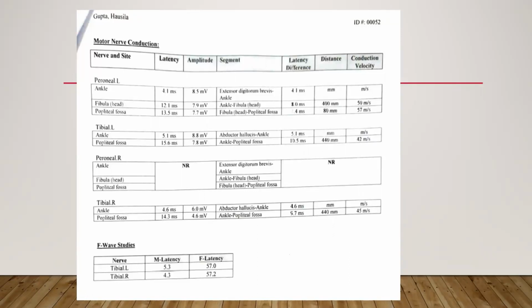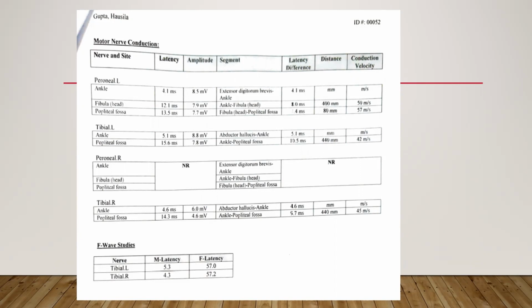Conduction velocities are also normal for the peroneal nerve. Tibial on the left side, latency also looks fine, and amplitudes are also fine. Conduction velocities are also good.